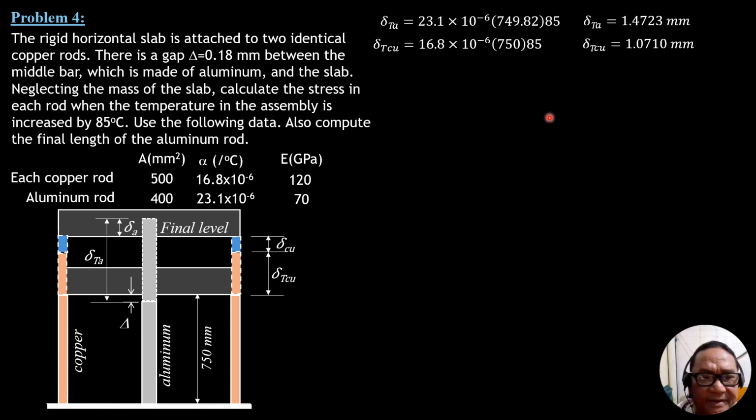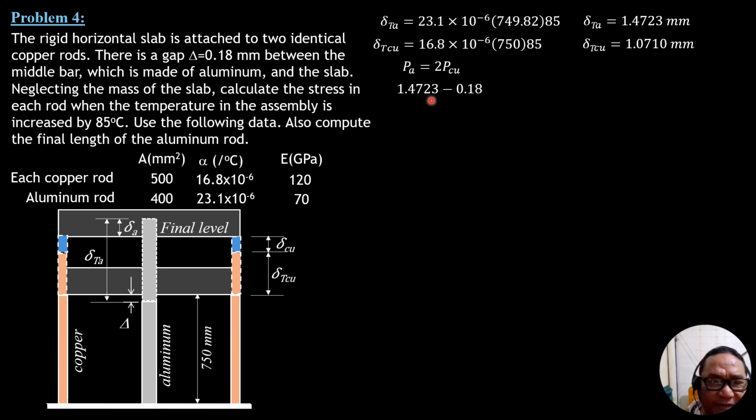So substitute into the formulated equation, delta TA minus delta A equals delta Cu plus delta TCu. So P sub A is equal to, because this will be compressed and there are two tensile forces for the copper rods, P sub A compression equals 2 times P sub Cu tension.